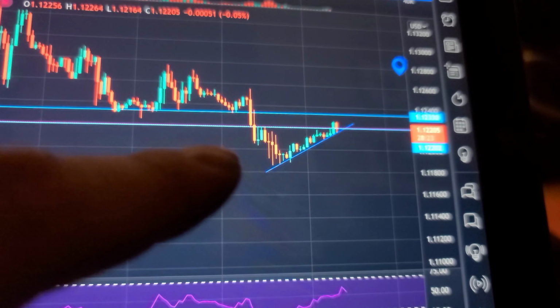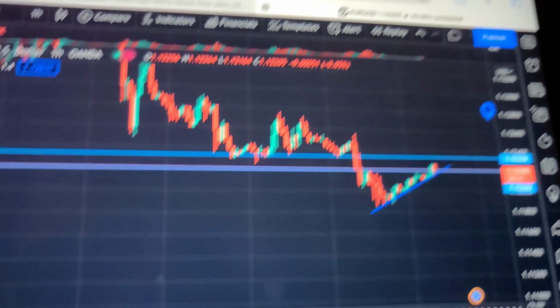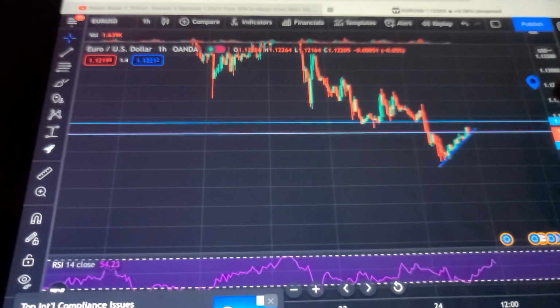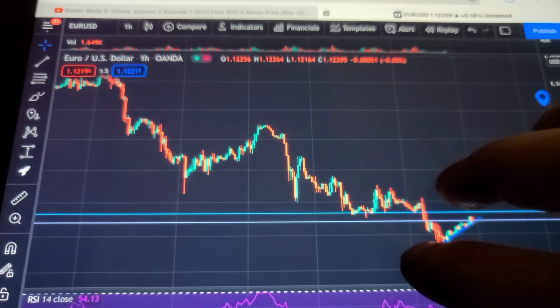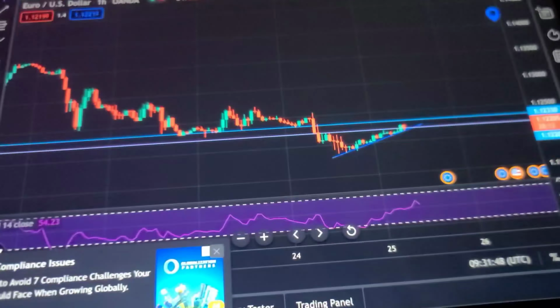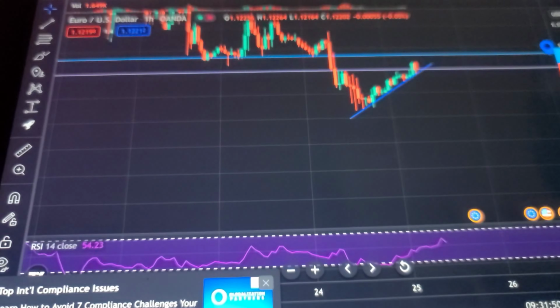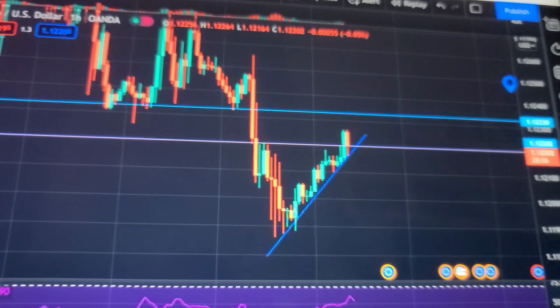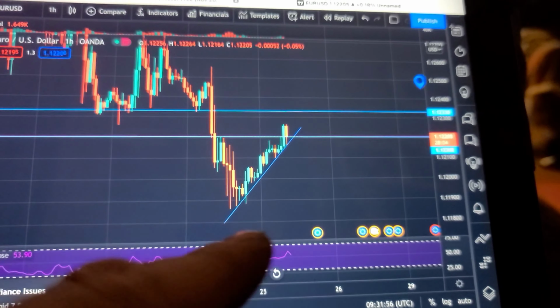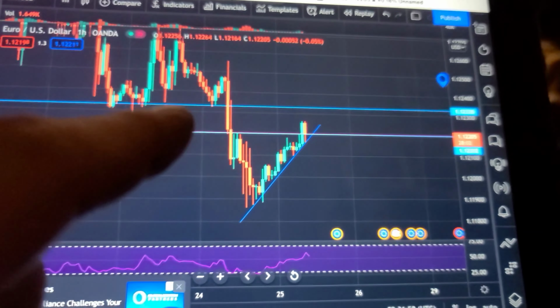Now I get a better view. This is a big downtrend overall, right? But if I focus on this little section here, it's been on an uptrend for 16 hours, like we saw on the 4-hour. So I made a trend line going up.